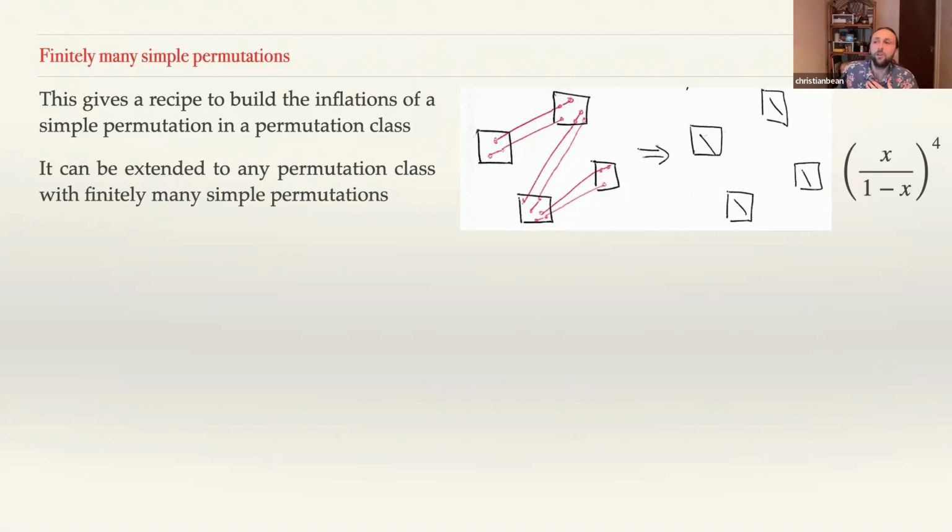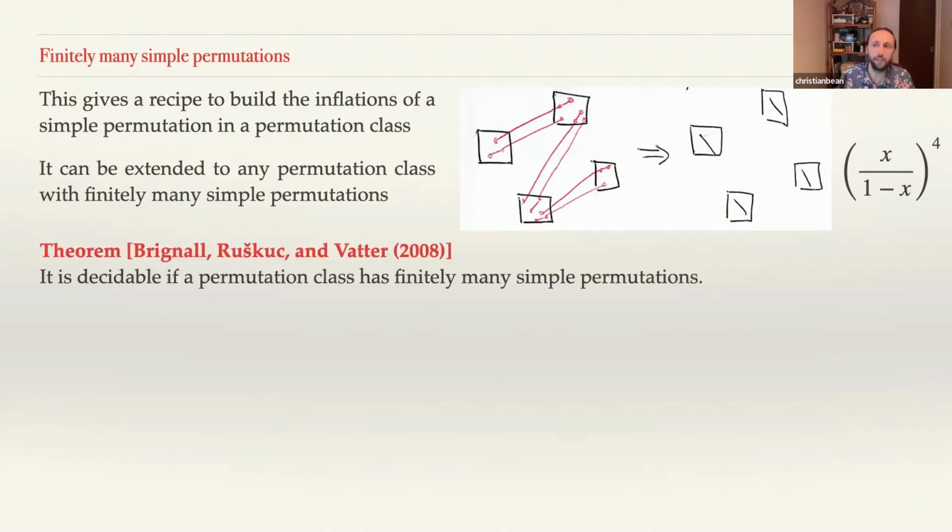Okay, so this idea, I just want to highlight briefly, can be extended to any permutation class with finitely many simple permutations, and it can turn into a recipe for finding the generating function for such classes. Brignall, Ruškuc and Vatter showed that it is decidable if a permutation class has finitely many simple permutations.